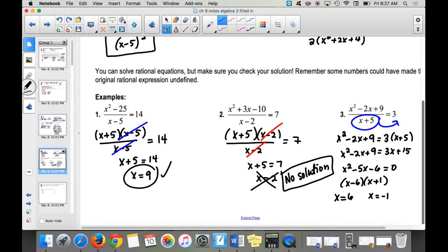So we still need to check. So how about this side of the room? From Logan and Anna Catherine over, you guys check the 6. And the rest of you guys, you tried negative 1. Let's see if they work.